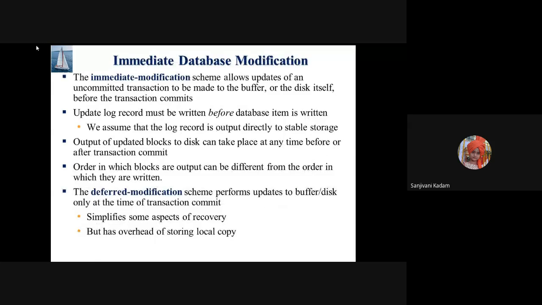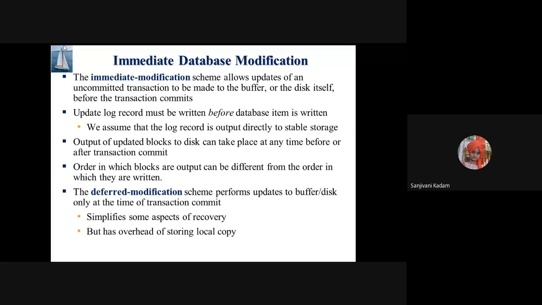So let us see these two variations. The first one is immediate database modification. As the name suggests, whenever we perform changes, all those changes are immediately reflected in the database. The immediate database modification scheme allows updates of an uncommitted transaction to be made to the buffer or the disk itself before the transaction commits.